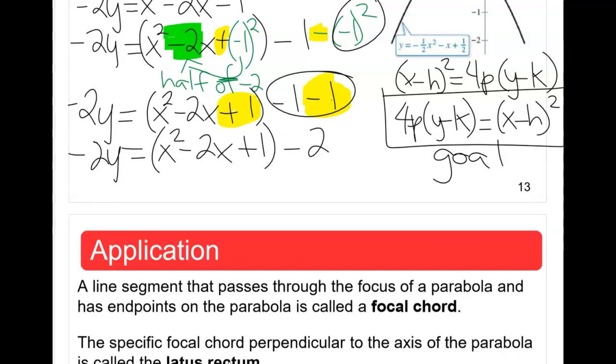Okay, and what we're going to do next is we're going to factor this trinomial into a binomial square. And that is actually the whole reason why we do completing the square, so that we can factor it into a term that looks like this. Remember when we did the binomial theorem? So we need 2 terms inside with either a plus or a minus.